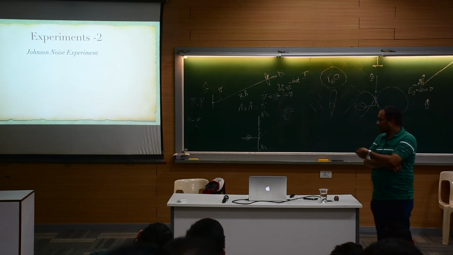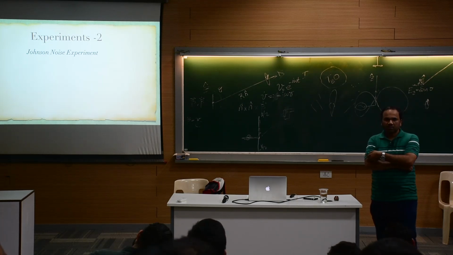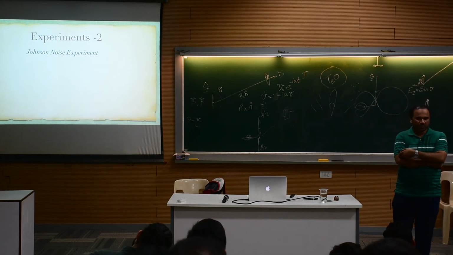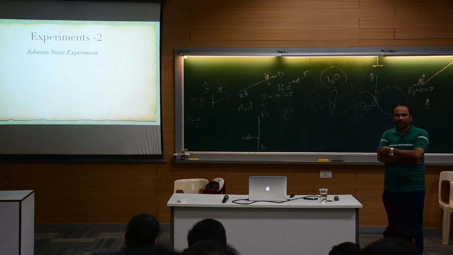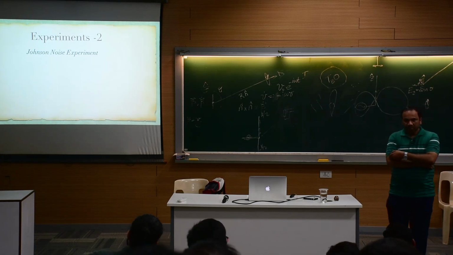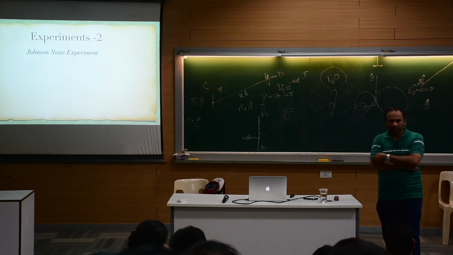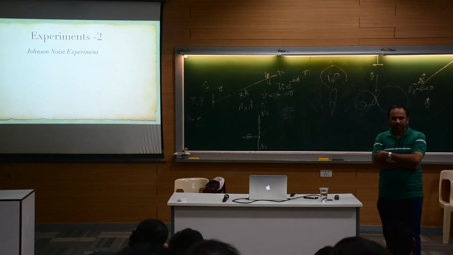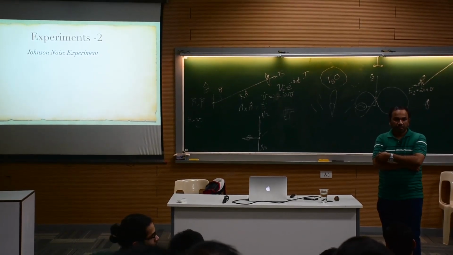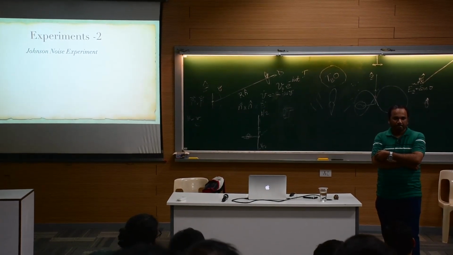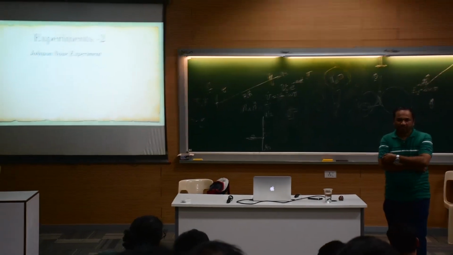Specifically we are studying this Johnson noise. It is also called Johnson-Nyquist noise, white noise, and thermal noise. Why is it called white noise? Uniform. Is it uniform in all? Yeah. Any other answer?